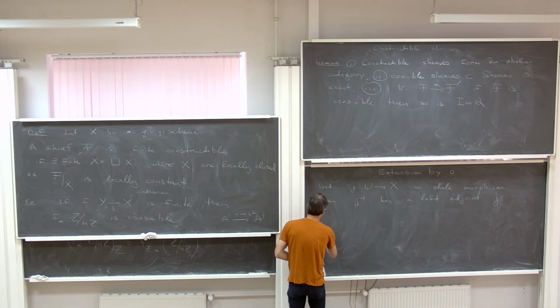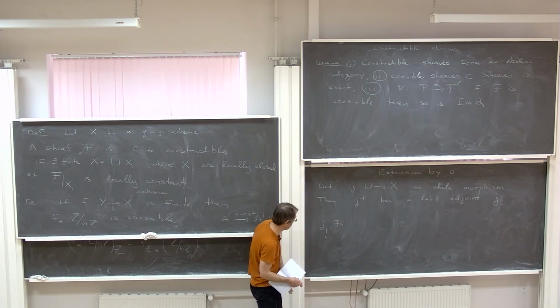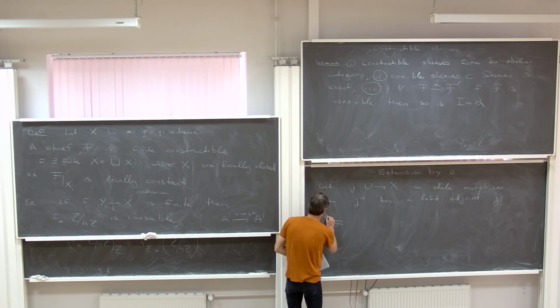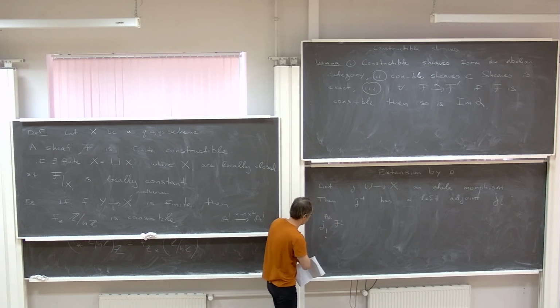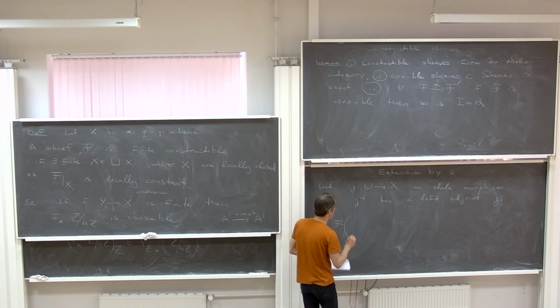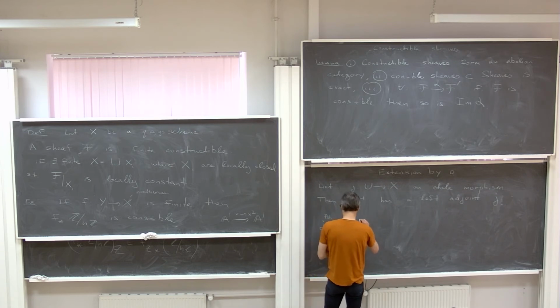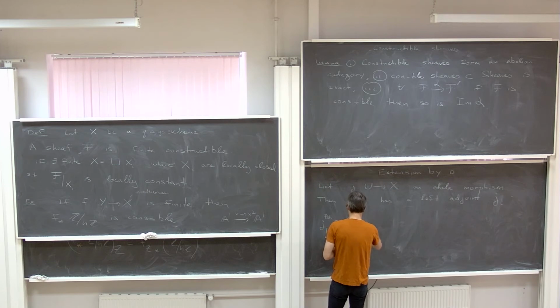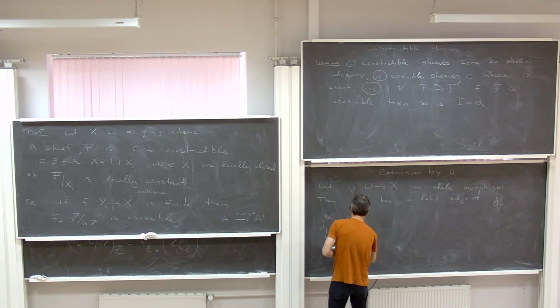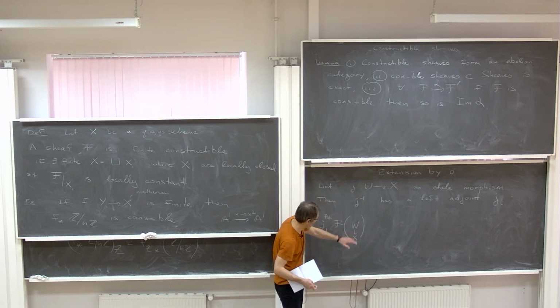Suppose I have a sheaf F, and I want to give a construction of the left adjoint. I first define a presheaf. I have some W mapping to X, and I want to tell you what the sections are.